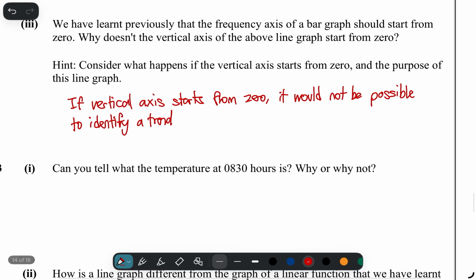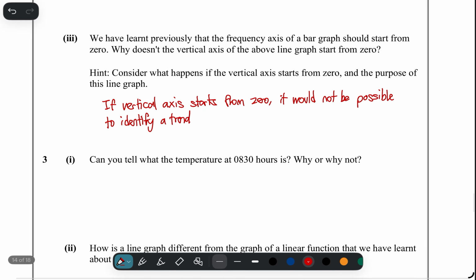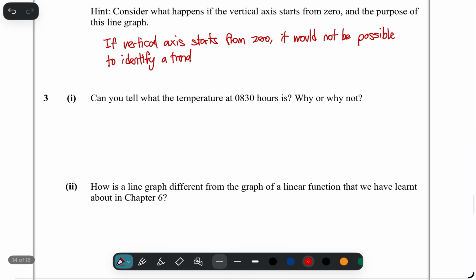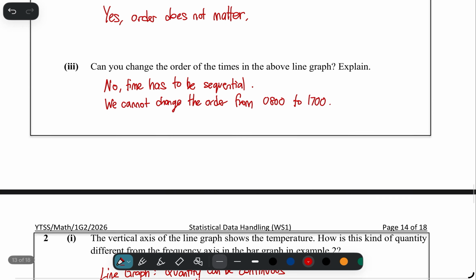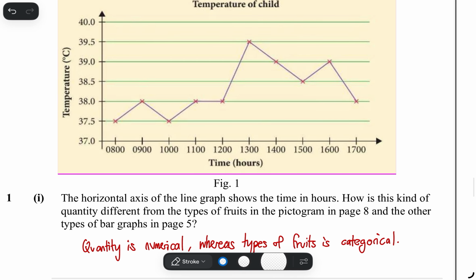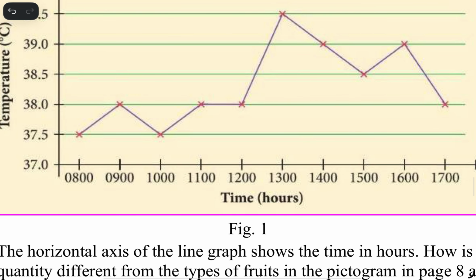And for the last two questions, can you tell what the temperature at 8:30 is? I look back at the line graph. Does it mean that at 8:30 the temperature is between 37.5 and 38.0? The answer is no. This line graph just means all the data I collected, which means that at 8 a.m. the temperature is 37.5, but at 9 a.m. the temperature is 38.0.